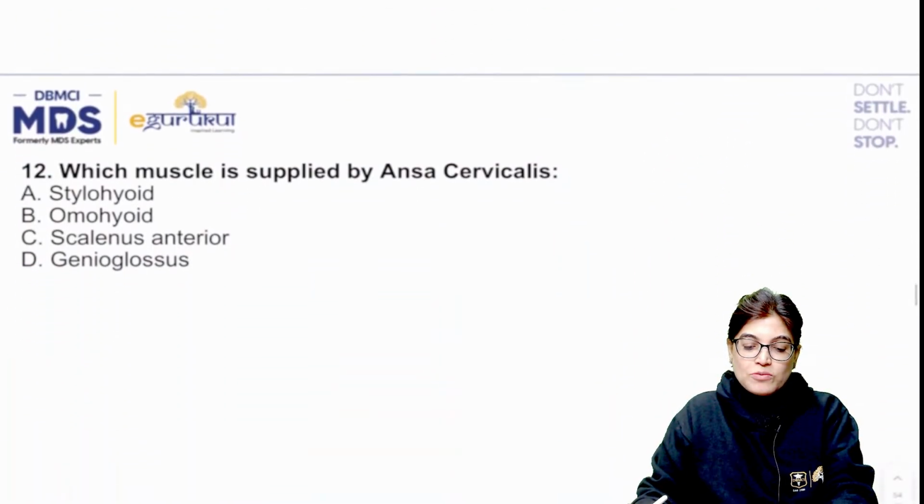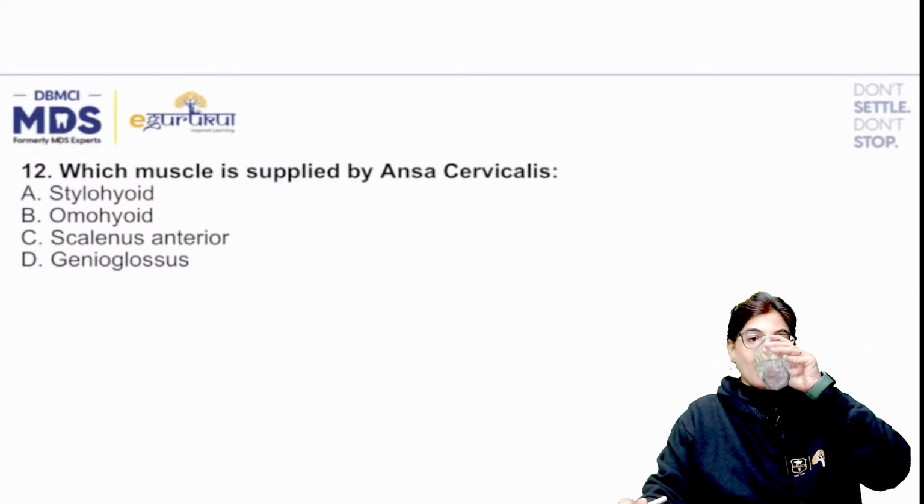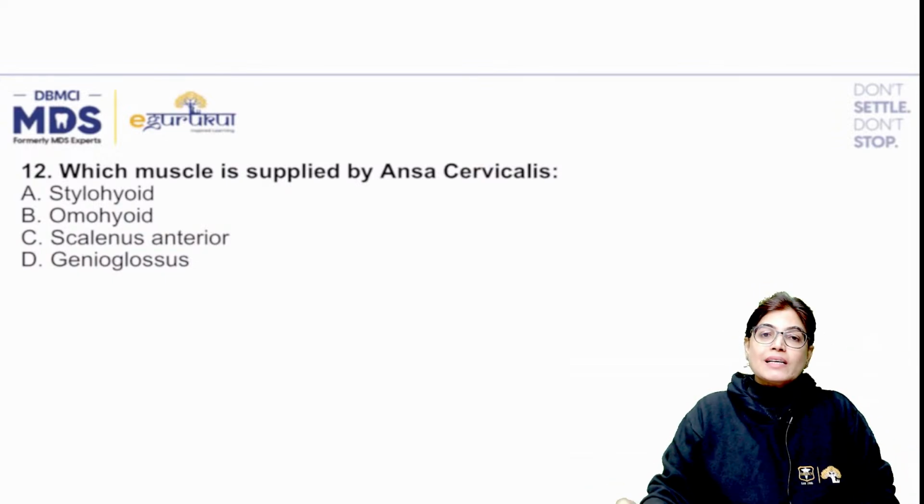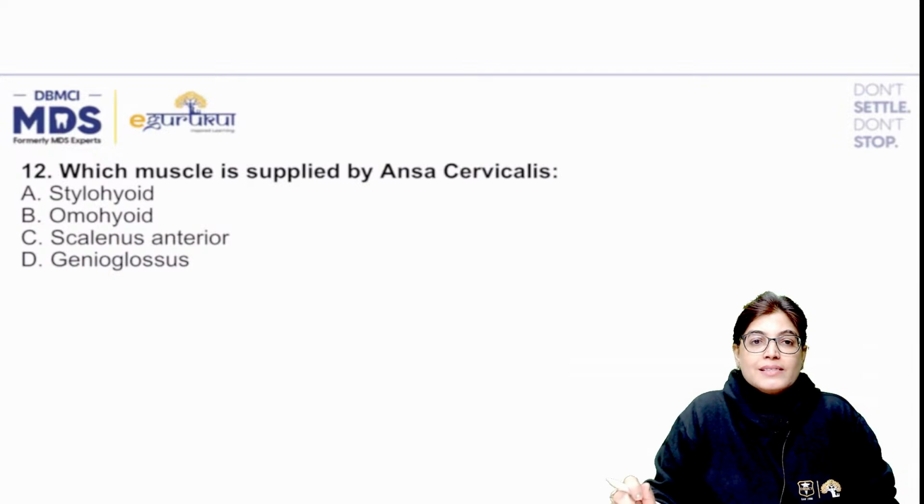Question number 12. Which muscle is supplied by ansa cervicalis? Stylohyoid, omohyoid, scalenus anterior or genioglossus muscle?